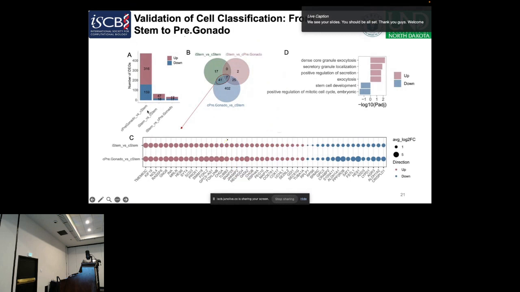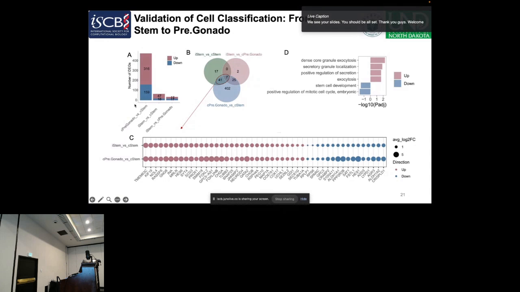The hypothesis is that if two cell populations have fewer differentially expressed genes, they should be more similar. So we compare the consistent polygonal cell versus consistent stem cell, inconsistent stem cell versus consistent stem cell, and inconsistent stem cell versus consistent polygonal cell.